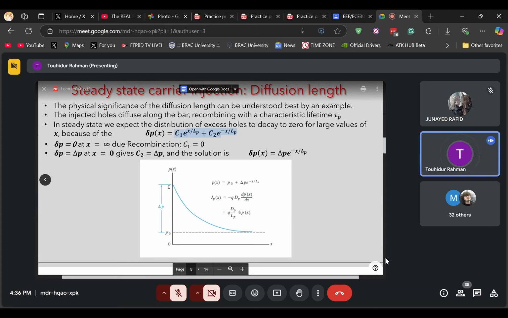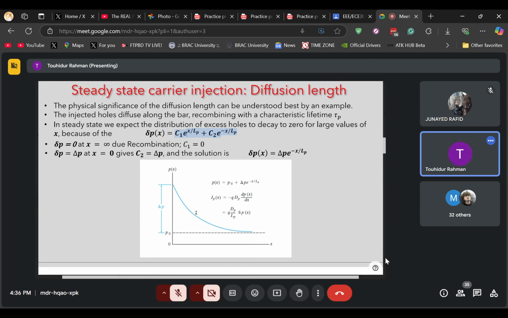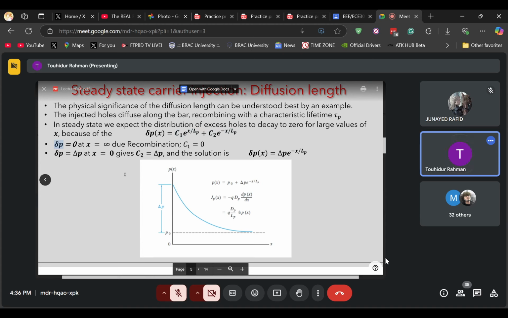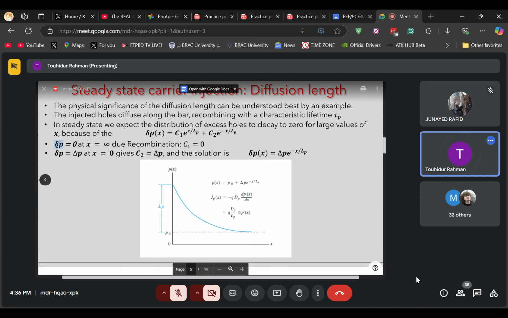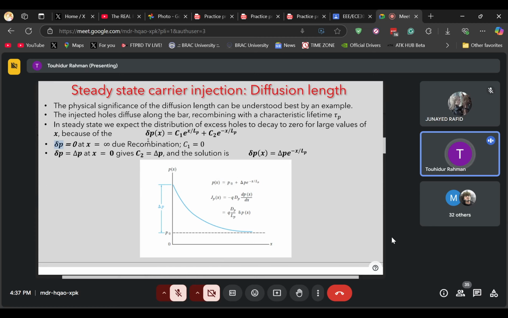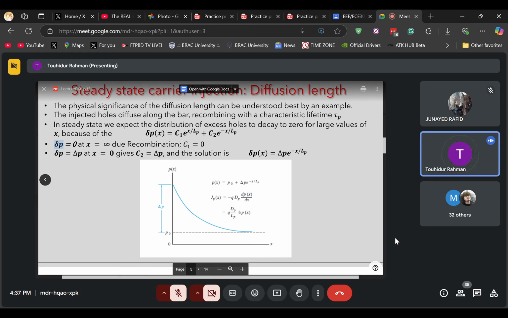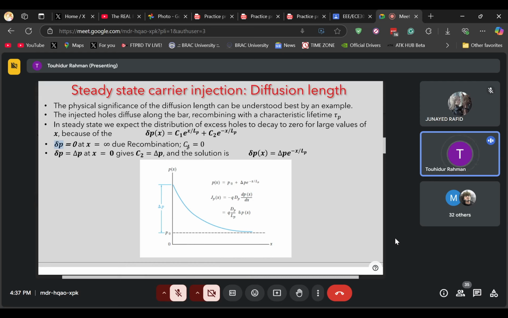Since there will be recombination, all the excess carriers will recombine after a long distance. So that's why delta P will be 0 at x equal to infinity. If we replace that boundary condition here, that will force C1 equal to 0.